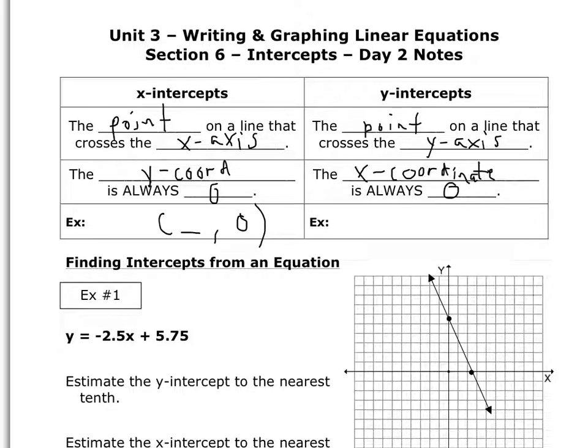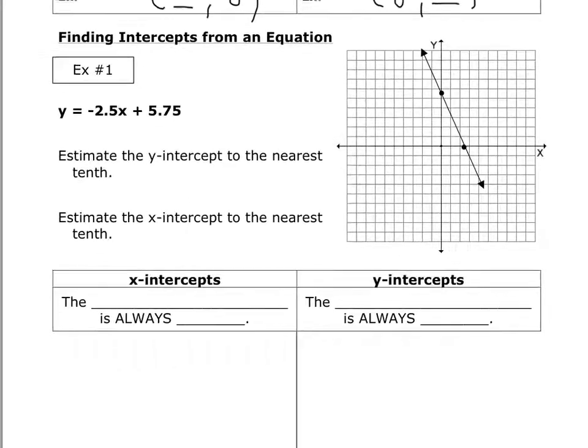If you wanted to know what an ordered pair for a y-intercept would look like, your x value is always going to be 0, and you could plug anything in for your y value. It doesn't matter. Okay, so let's look at a few examples here, and let me show you what I'm talking about.